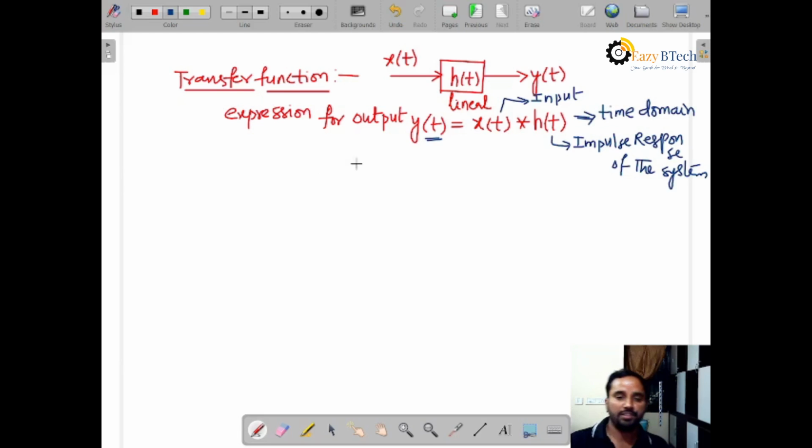So in frequency domain, we are going to apply Fourier transform on the output y of t.